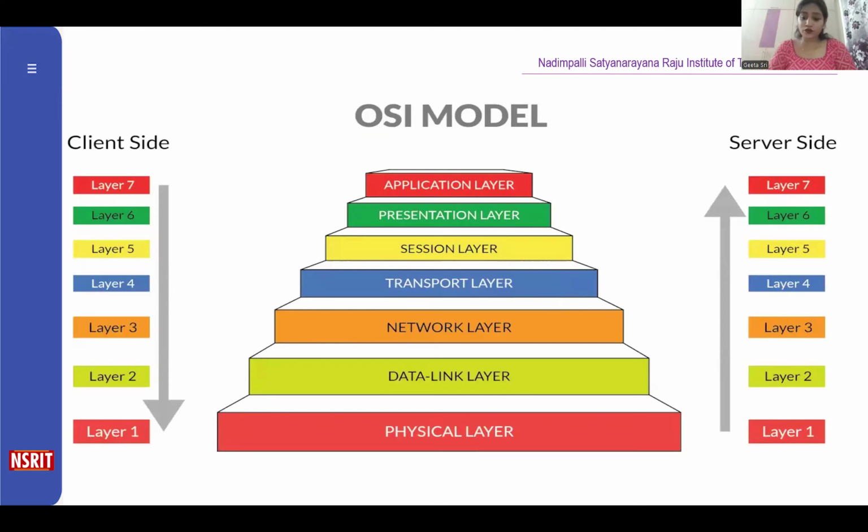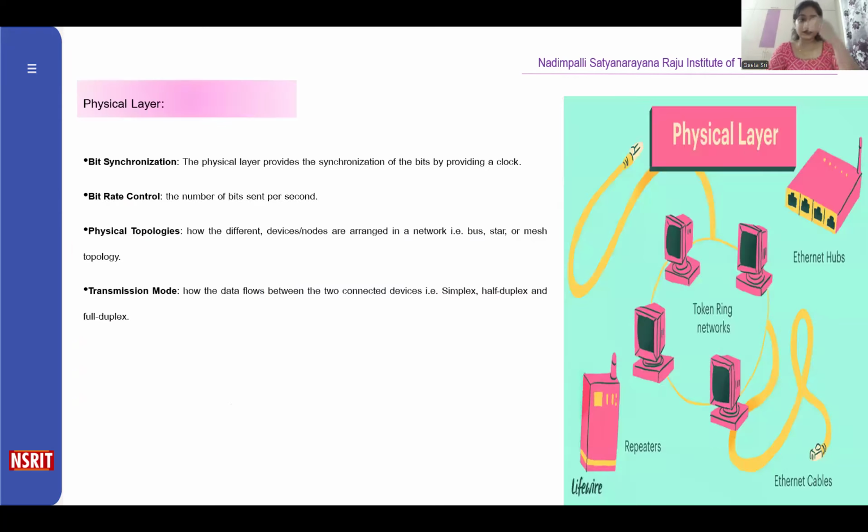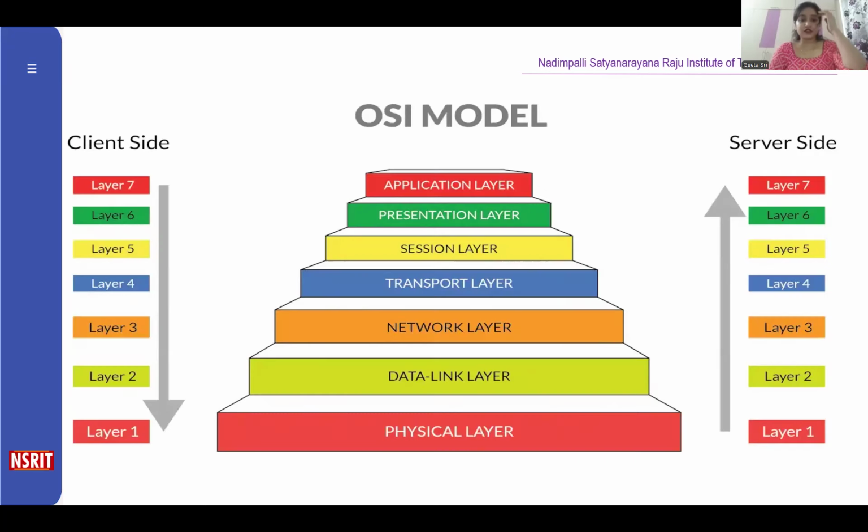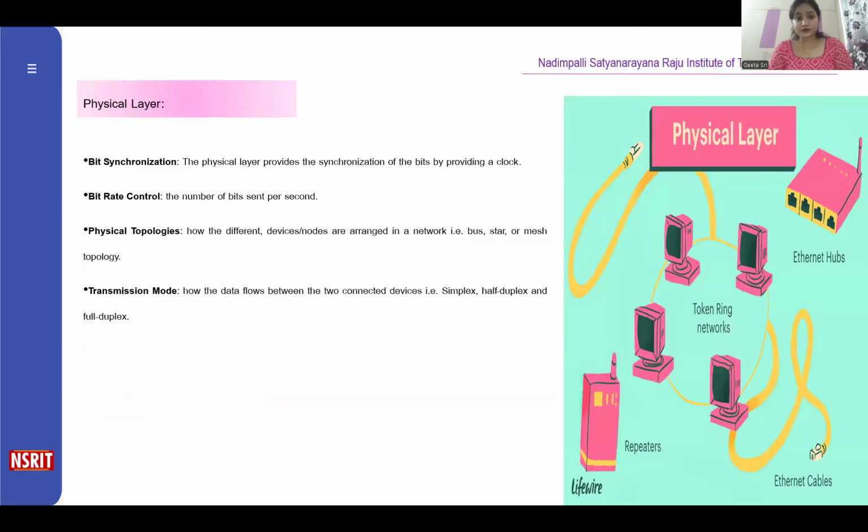Now we'll get into the bottom layer, that is the physical layer. So the physical layer mainly deals with bits. The data is in the form of bits in the physical layer.